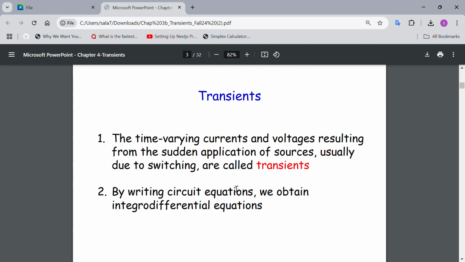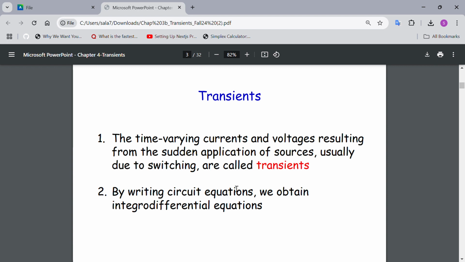Transients, the time varying currents and voltages resulting from the sudden application of sources, usually due to switching, are called transients. So it's the time varying of both current and voltage resulting from the sudden application of sources. By writing circuit equations, we can obtain integral differential equations.